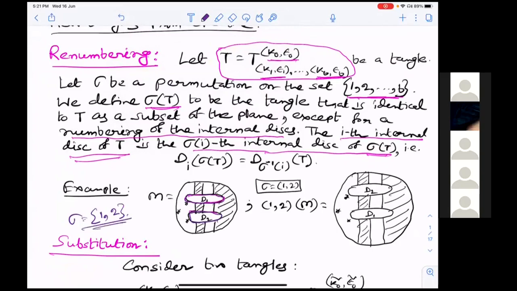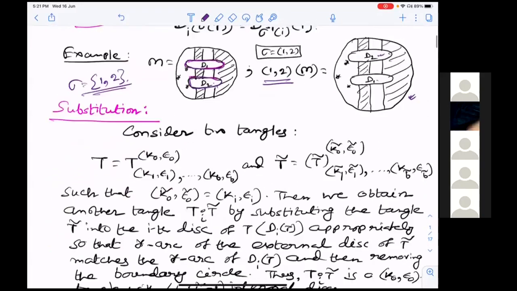The only non-trivial permutation is the transposition. So sigma of M will be such that D1 is changed to D2 and D2 to D1. A priori we get a different tangle, and this is the renumbered tangle. So this is very natural: you just renumber the internal disks and you get another tangle.